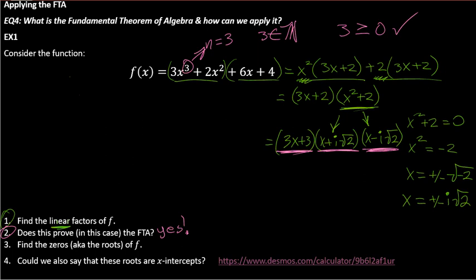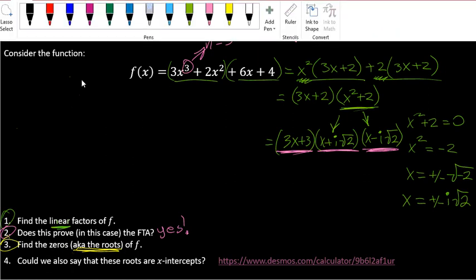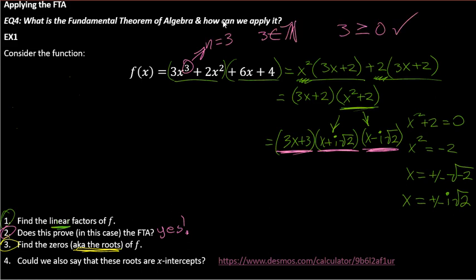Now we're asked, what are the zeros, or the roots? When you hear us asking for the zeros, we're asking for the roots and vice versa. So we just need to find the solutions for these 3 factors.